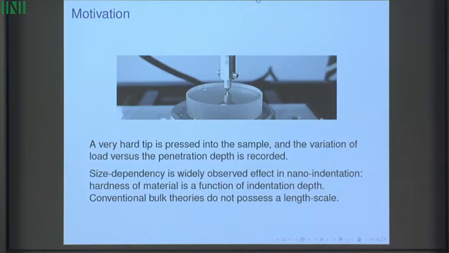What is well known about this is that the hardness of the material is size dependent. So typically the smaller your tip, the harder the material gets, something like that. So there is a size dependency observed over here. And of course, conventional linear elasticity doesn't explain that.